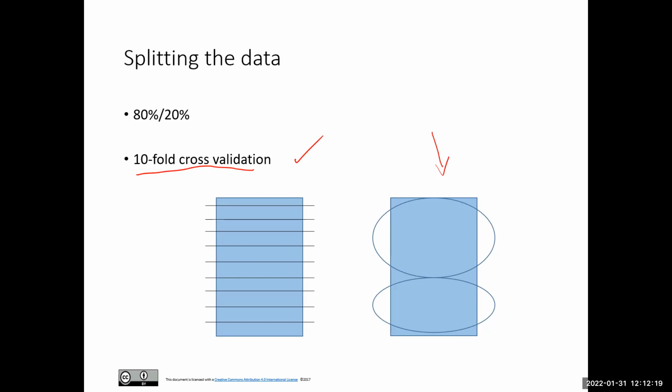The first iteration is this one, right? So you hold that one out as a test set and you train on the other 9. Then the next iteration, you hold out this one, and you train on this one and all the other 9. So that's basically the idea here.